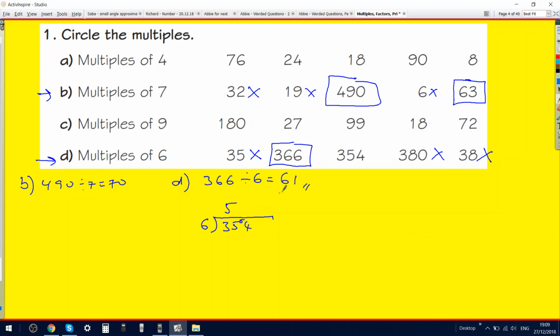How many 6s in 54? Or 6 times what makes 54? 9. Yeah. Okay. And so it goes exactly 59 times. So it's in the times table. Okay. Any questions there? I don't think so. Okay. Tricky stuff.